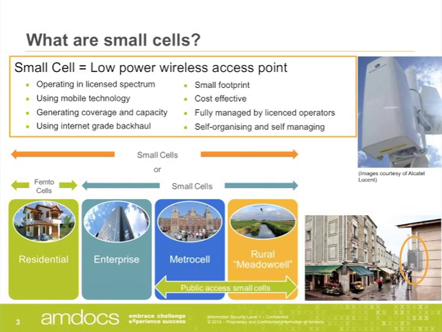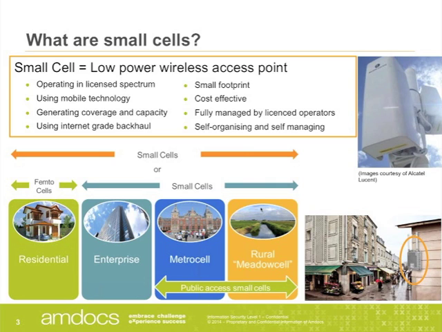There are quite a wide range of small cells, and in the context of this presentation, we really want to be talking about the public access small cells. So we're not really talking about femtocells, which tend to be residential, enterprise indoor, but we're looking more at the metro cells.